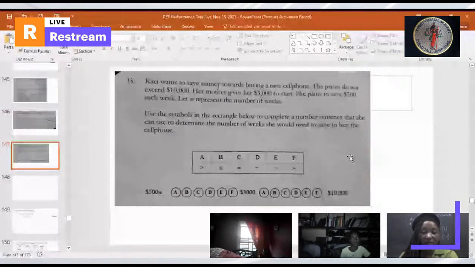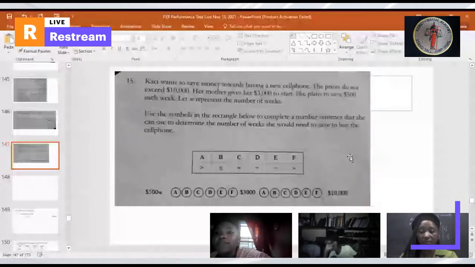Alyssa, number 15. Casey wants to save money towards buying a new cell phone. The price does not exceed $10,000. Her mother gives her $3,000 to start.